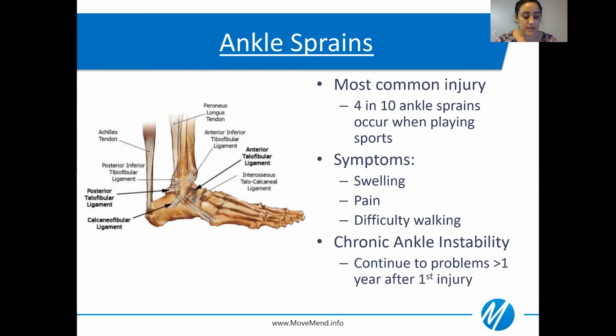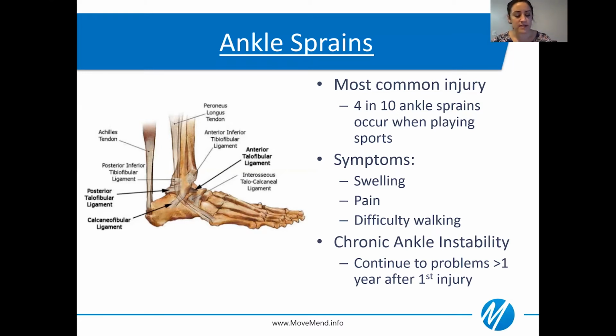Symptoms we typically have people report are swelling, pain, and usually difficulty walking or pain when they're walking. So athletes who are susceptible to ankle sprains or who have had many ankle sprains, we would classify under the category of what we call chronic ankle instability.